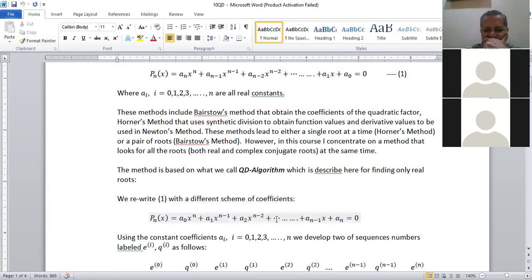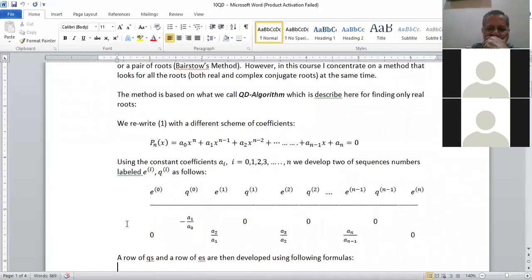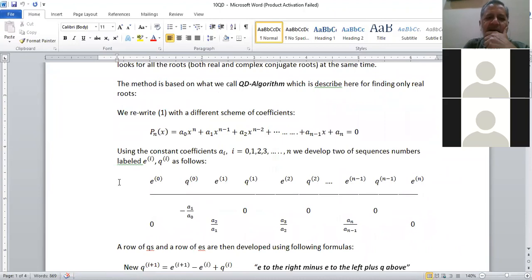So we have got this equation to work with, and what we do is we actually make an effort to obtain all possible roots at the same time.